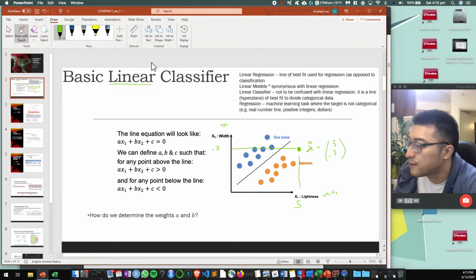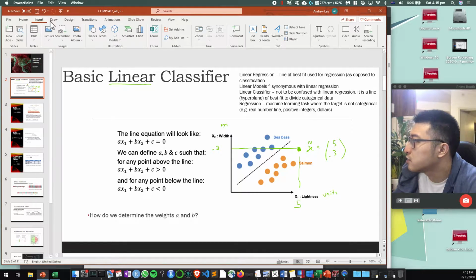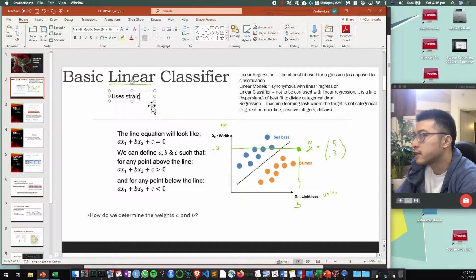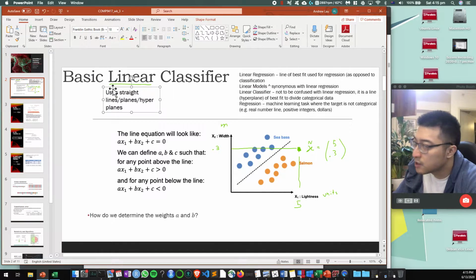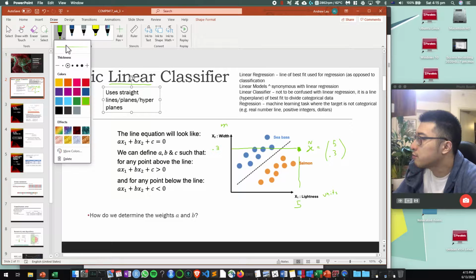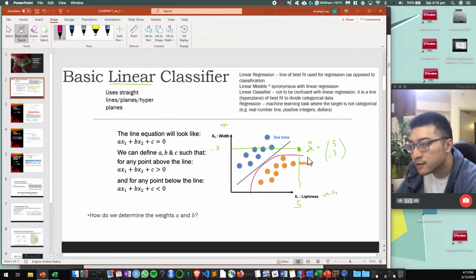This linear classifier uses straight lines, or planes, or hyperplanes, hence the name linear classifier, right? So you could argue that with more data points, and we don't know, it is possible that maybe it looks something more like this.